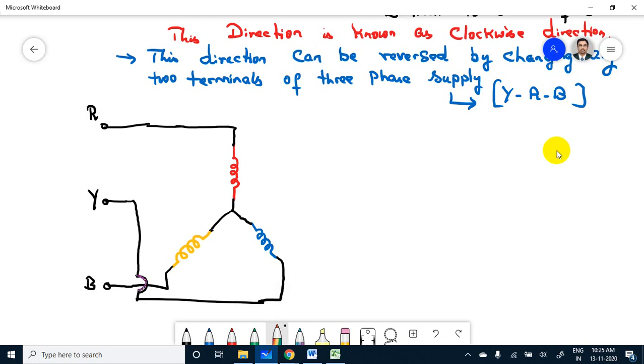There is no connection with Y. So now you have to mark the label. This is R phase, this is B, this is Y. Okay, and this is my neutral because it is star connected. So when you give the supply, this is three-phase supply.